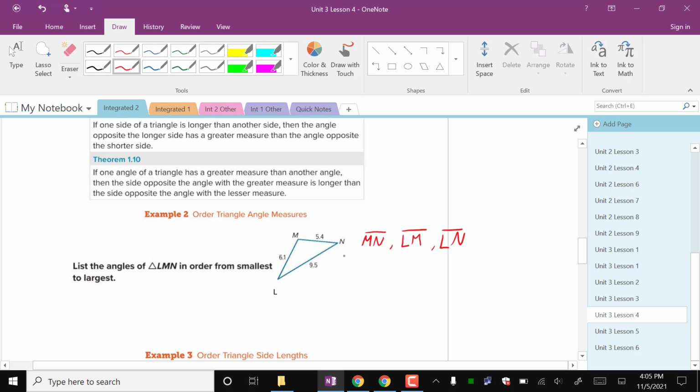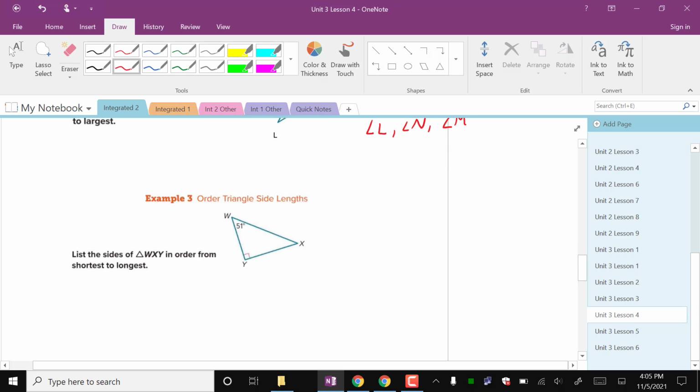So if we wanted to say which angle, the angle opposite the largest side is going to be our largest angle. So angle M is our largest angle. The angle opposite the shortest side is going to be our smallest angle. So angle L is our smallest angle. And then right in the middle is angle N. So L, N, M.